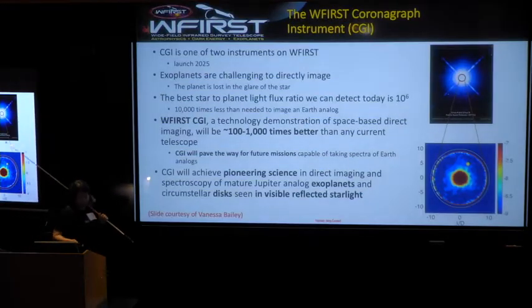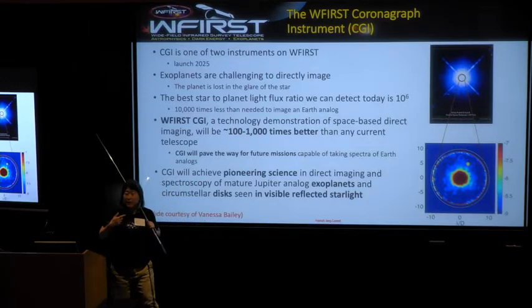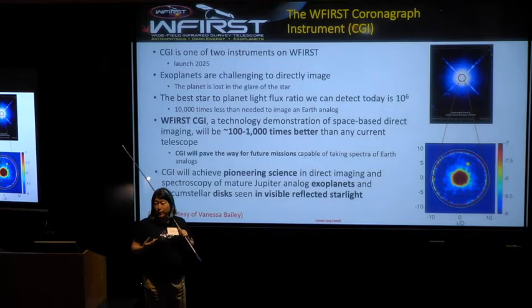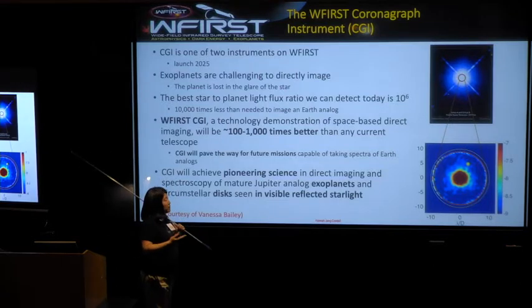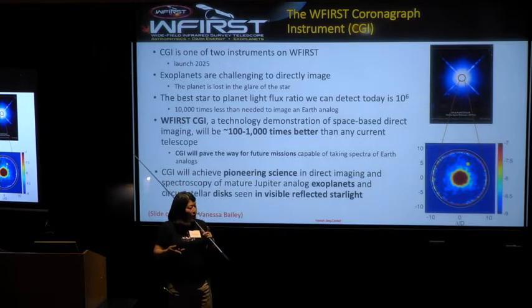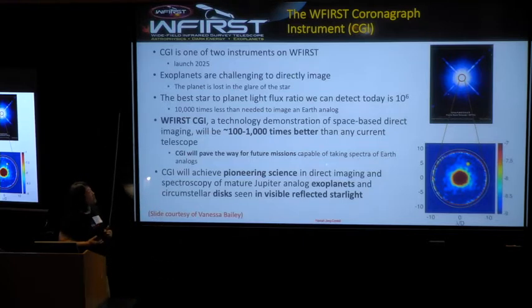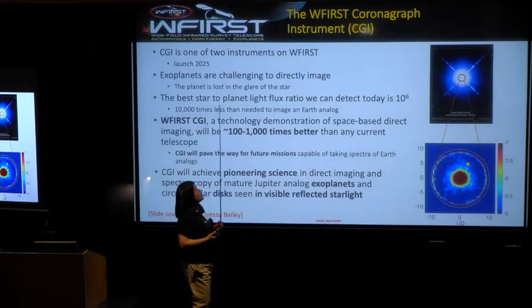And I just want to end with an advertisement for WFIRST, because we've been seeing how much ALMA has been doing for imaging disks at 1 millimeter. But I hope you've taken the point that multi-wavelength images are really key to interpreting disk structure. And so WFIRST, one of the instruments on it is going to be a coronagraphic instrument.